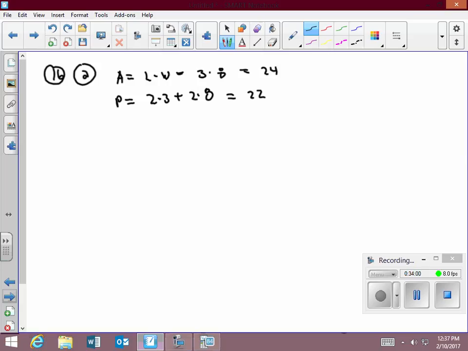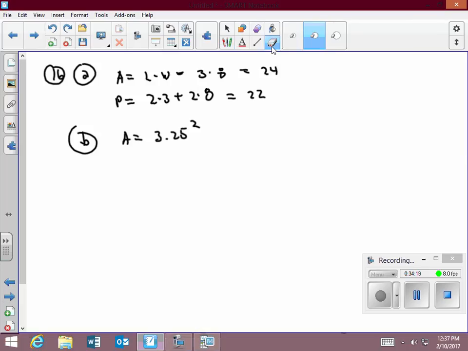Then the B, the area, when it says 3.52, so the area is 3.52 squared, right? But that's the area, right?